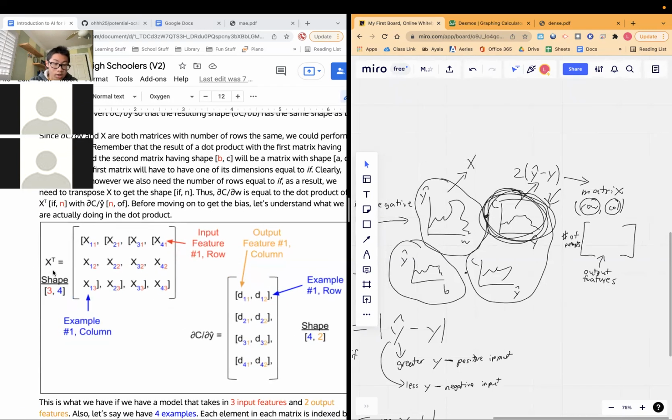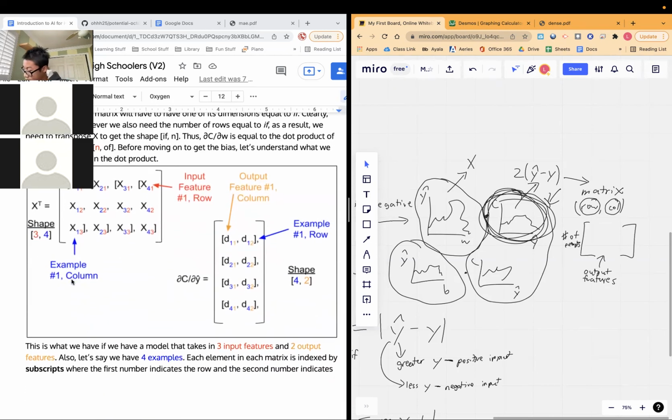And then for your x, let's just say you have 3 input features. x is usually going to be, row by column, the number of examples and the number of input features. So that's what your x is going to look like most of the time.